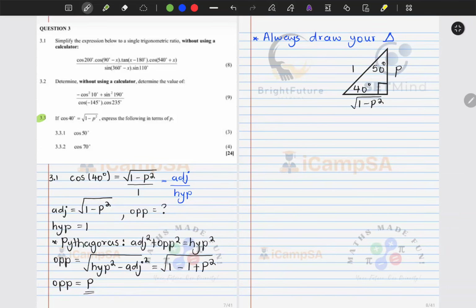Okay, with this now, you can go ahead and deal with all the other questions, 3.3.1, where they are looking for cos of 50 degrees.